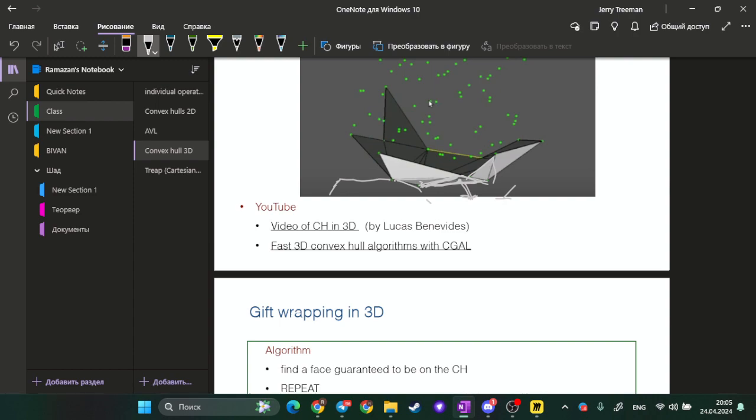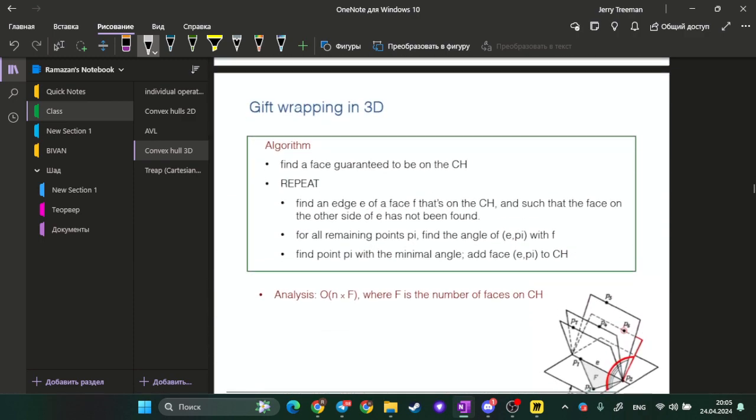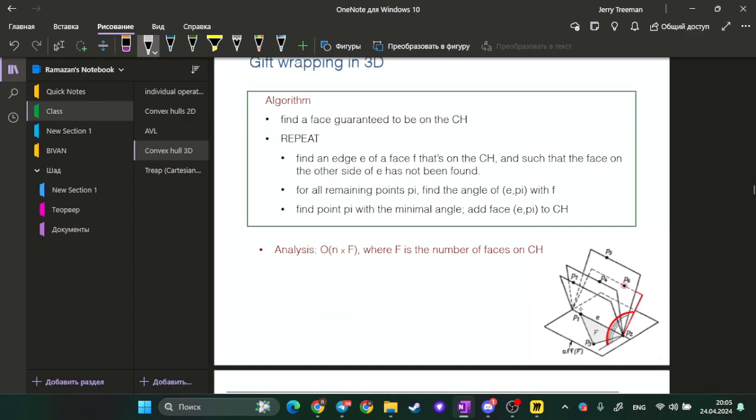Okay, here's the idea and how to implement it more easily. You need to support an invariant. If you have some face, its normal vector is oriented to the outside of our future polygon.